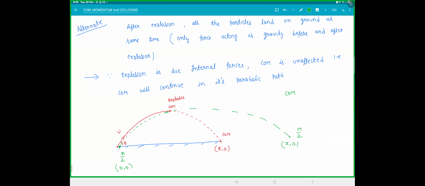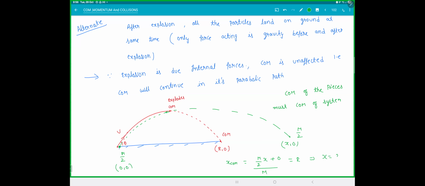The center of mass of the two pieces when they land on the ground must be center of mass of the system. Therefore, x center of mass will be m by 2 into x plus 0 by total mass m must be equal to r.